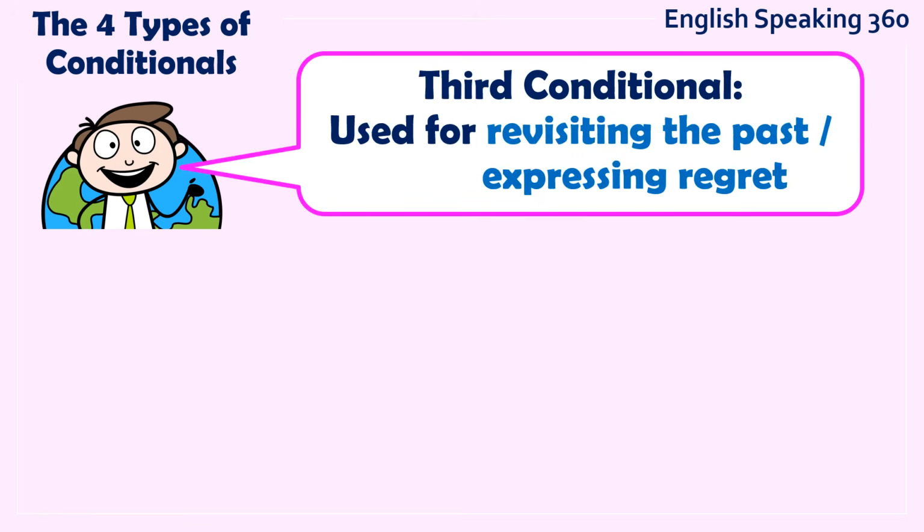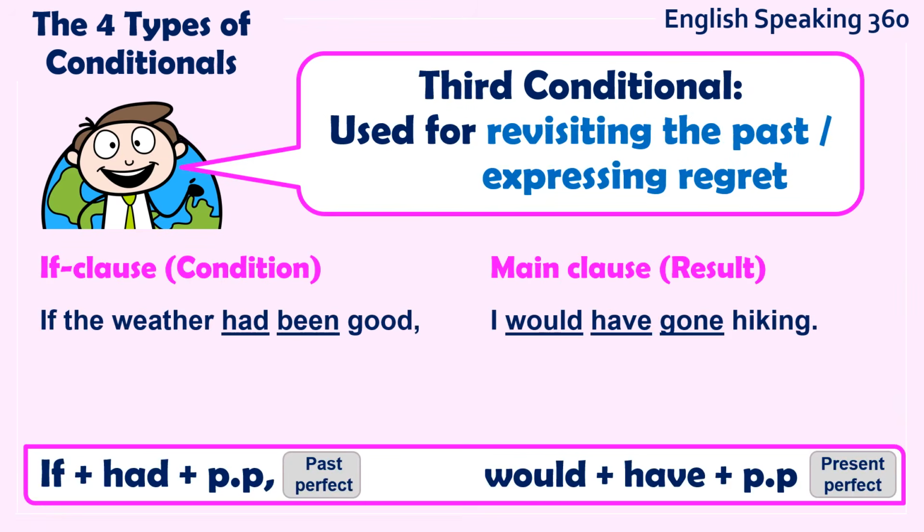Now, the third type of conditional, the last one, is used for revisiting the past and expressing regret. The construction is the same, but once again, the verb tenses are different, and these verb tenses are very difficult, so be careful. If the weather had been good, I would have gone hiking. Now, was the weather good? No, it wasn't. So that's why we are revisiting the past.